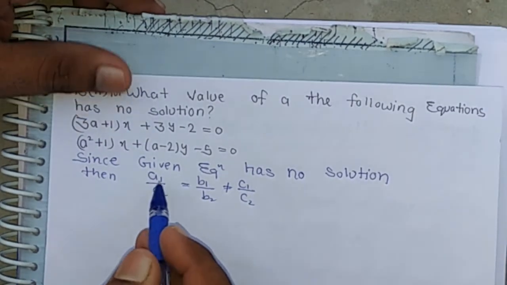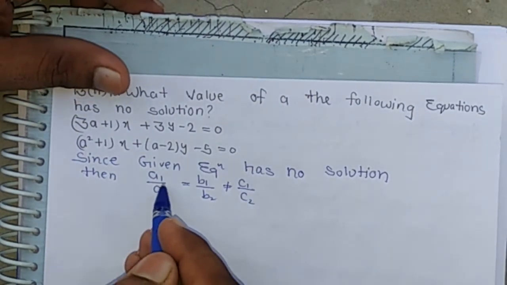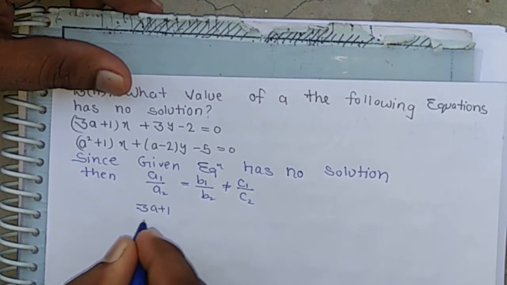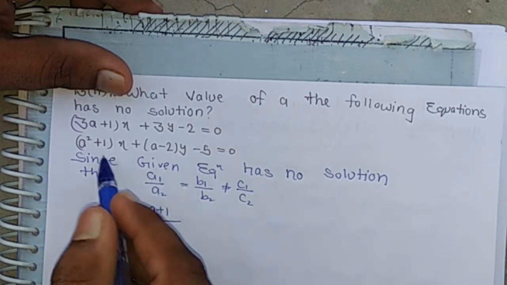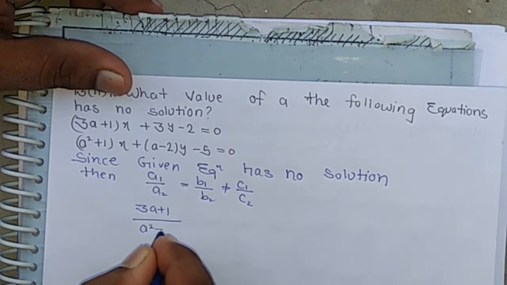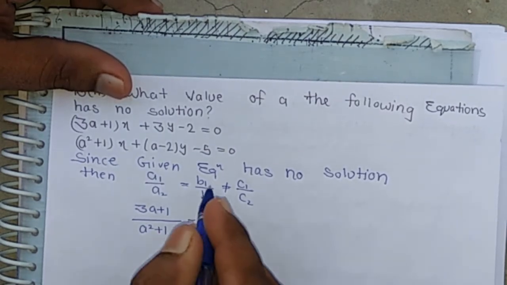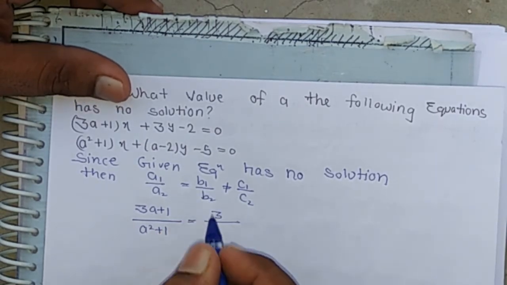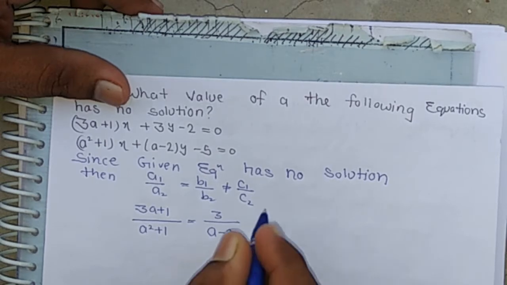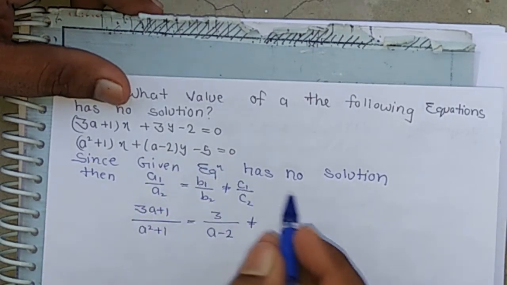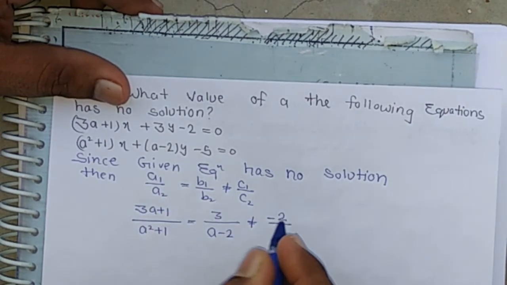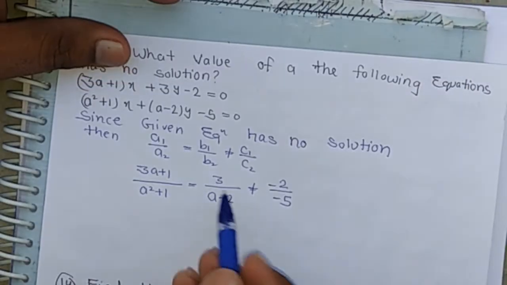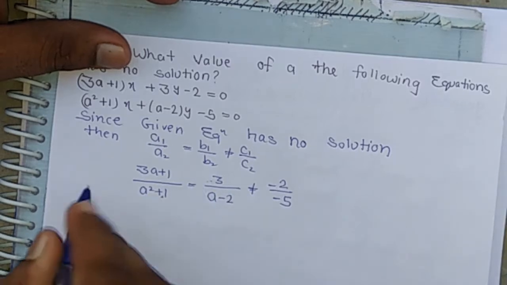Put the values of a1, a2, b1, b2, c1, c2. a1 is the coefficient of x in the first equation, which is 3a plus 1. a2 is the coefficient of x in the second equation, which is a square plus 1. Coefficient of y in the first equation is 3. Coefficient of y in the second equation is a minus 2. c1 is the constant term of the first equation, c2 the constant term of the second equation.